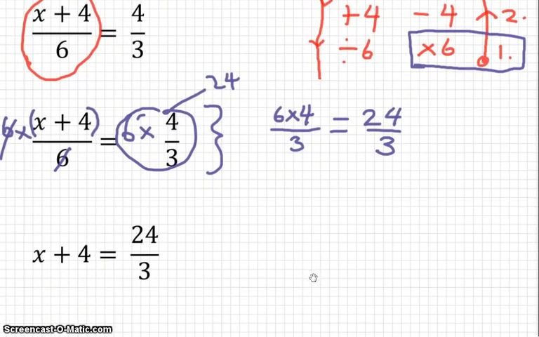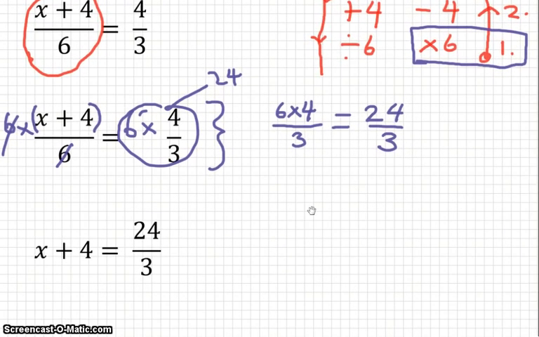Okay, so here's where we've got to. We've got x plus 4 equals 24 over 3. Because this 6 here's gone, 6 and 6 cancel out, equals 6 times 4 over 3, which we've worked out here is 24 over 3.